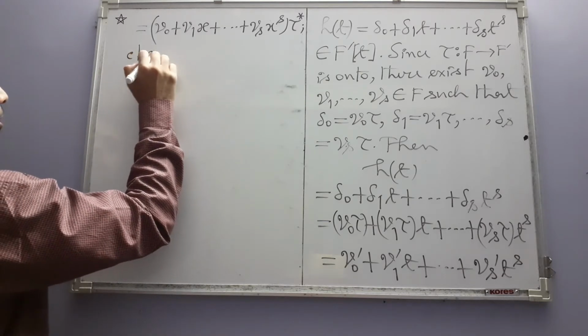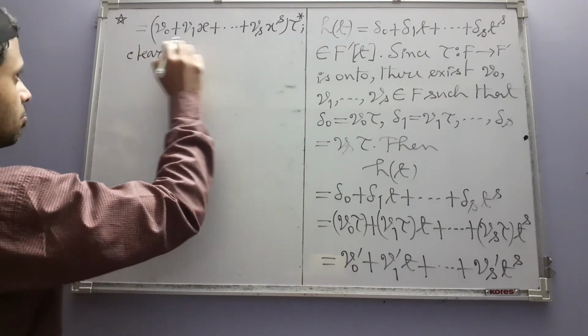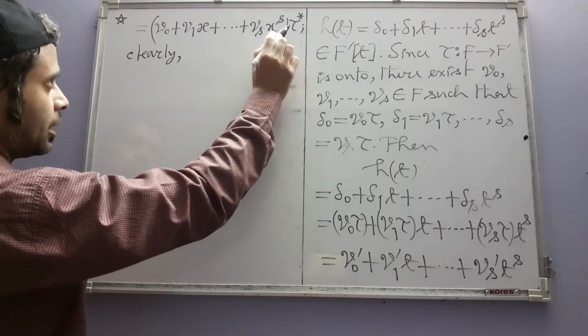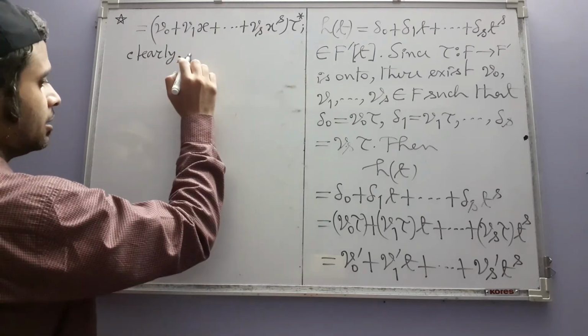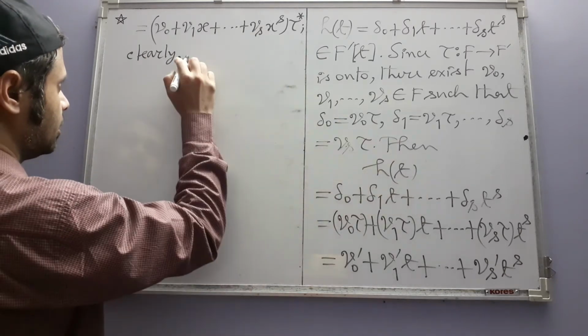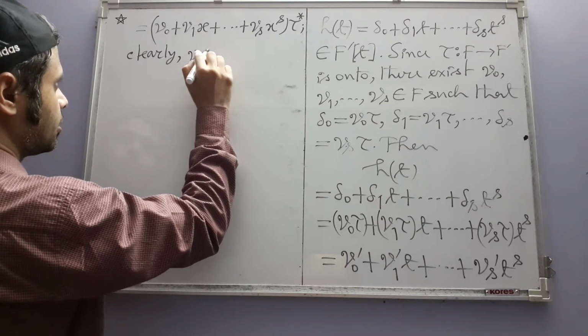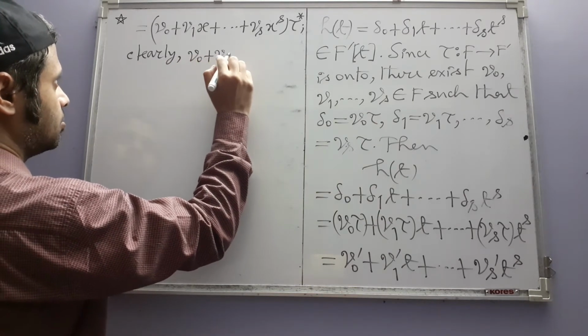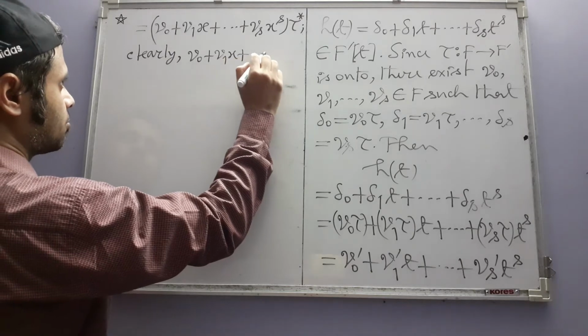Clearly, the polynomial of which we are finding the tau star image here, which turns out to be equal to h of t, is in the first polynomial ring.